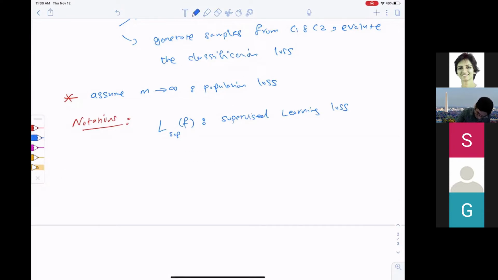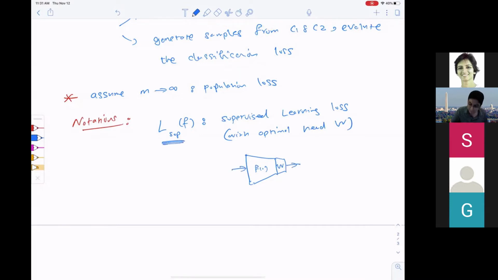So with optimal last layer. Goes without saying, but I just want to highlight it. Remember in our embedding, we have F, and there is this head, which is a linear classifier. So here we are doing end-to-end training. So L sup means everything is optimal. End-to-end training, the head is also optimal.